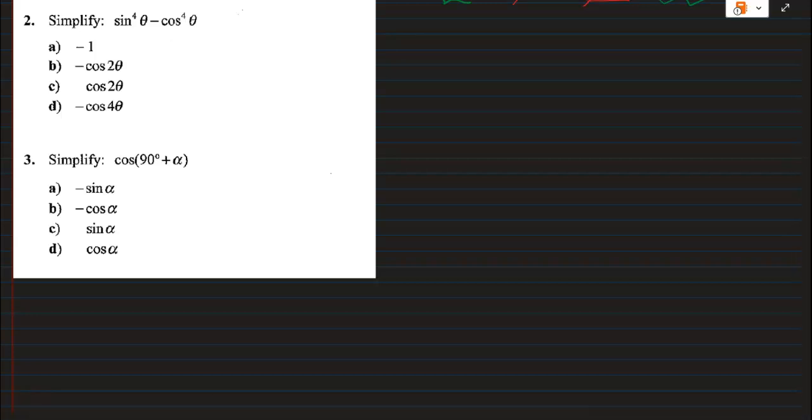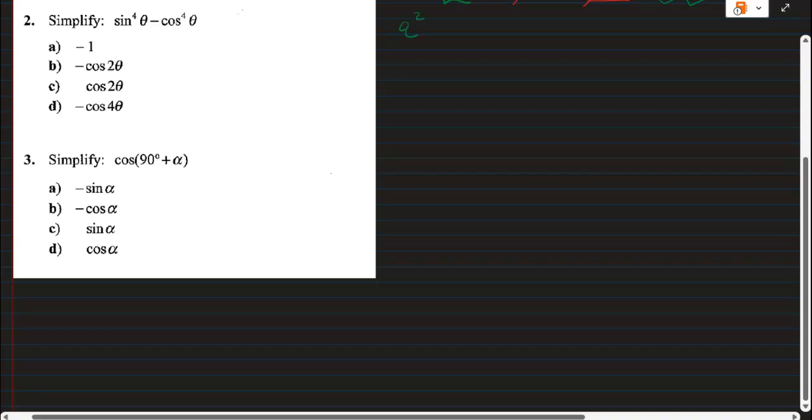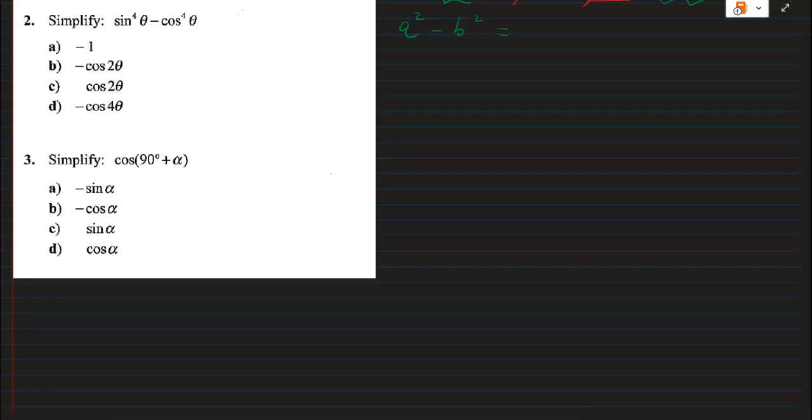Remember, a squared minus b squared is the difference of squares, because a squared is a perfect square, and so is b squared. When you factor that, it becomes a minus b and then a plus b.